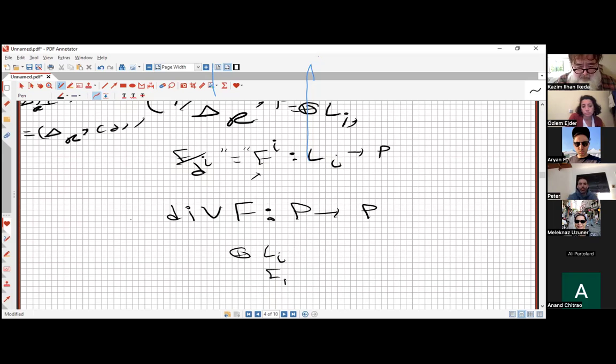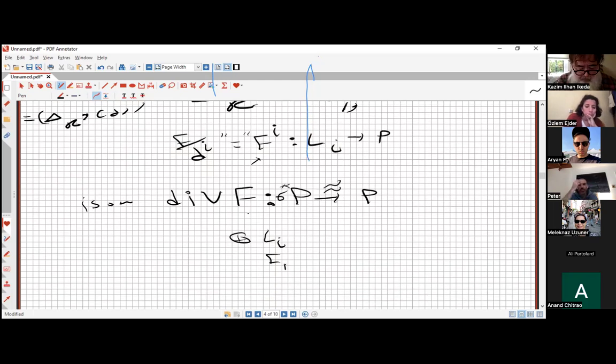We want this to be an isomorphism, again after the linearization. So this is a display, what we call a prismatic display.